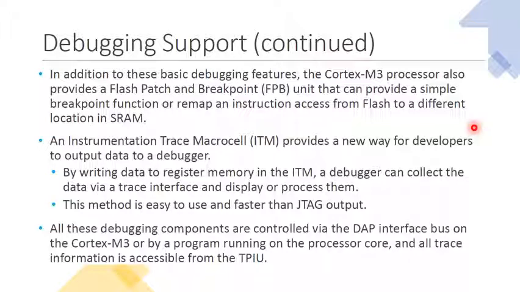So this is one of the debugging supports, and the instrumentation trace macrocell provides a new way for developers to output data to a debugger. So this is how it is used. These are the concluding remarks about the debugging support.